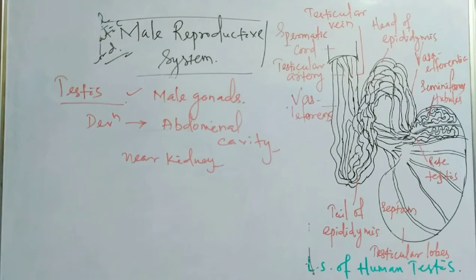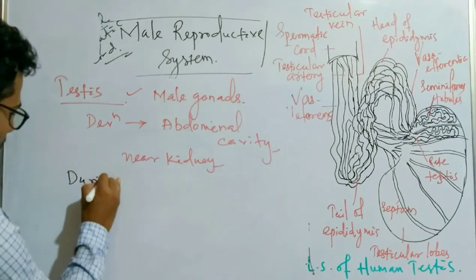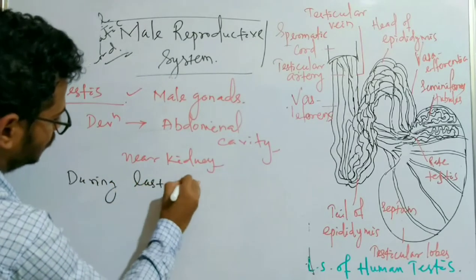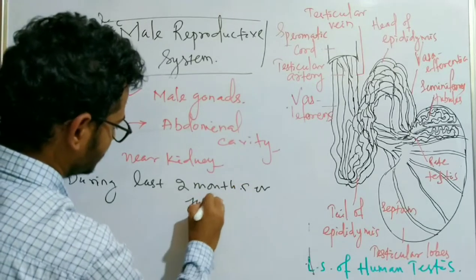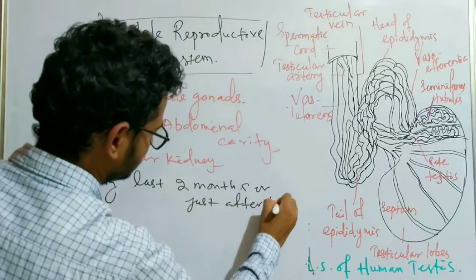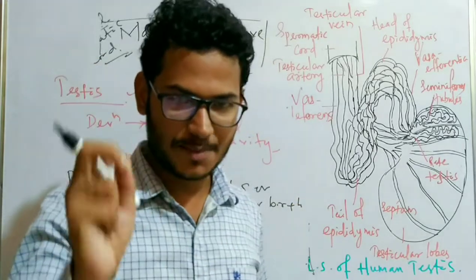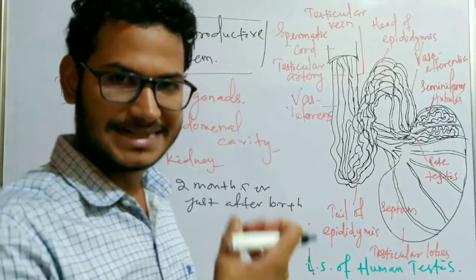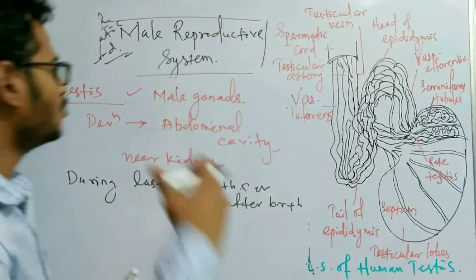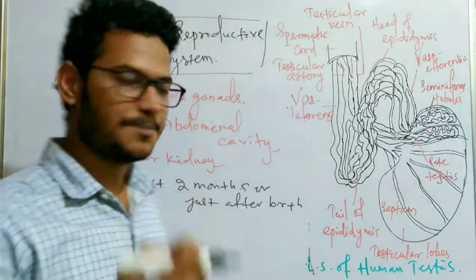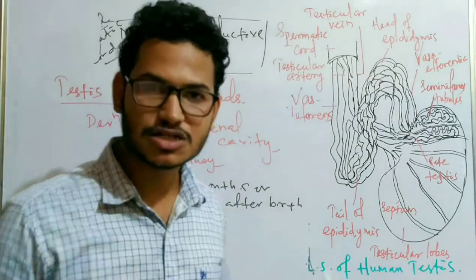During the last 2 months before birth or just after birth, the testis that develops inside the abdominal cavity comes out, descends downward, and is now located outside the abdominal cavity in a pouch which we call the scrotum, the external supporting organ.